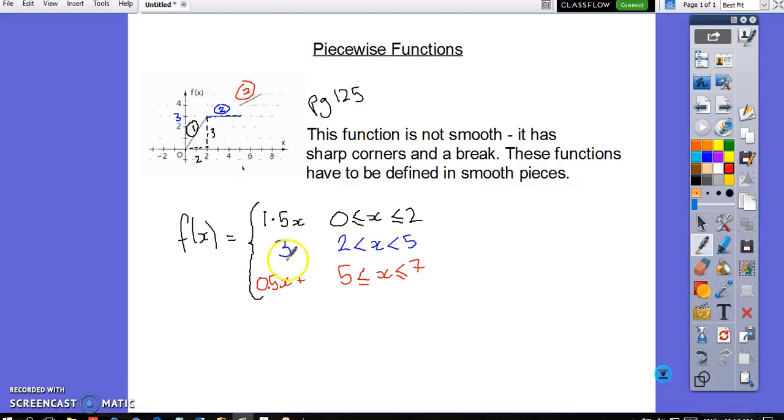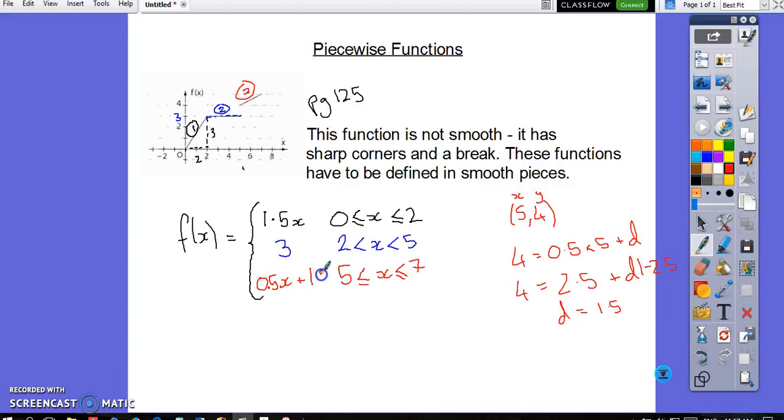So here we have 5, 4. So the point (5, 4) lies on this. This is x, this is y. So 4 is equal to 0.5 times 5 plus d. So 4 is equal to 2.5 plus d. So d is equal to 1.5. I've just taken 2.5 off there.